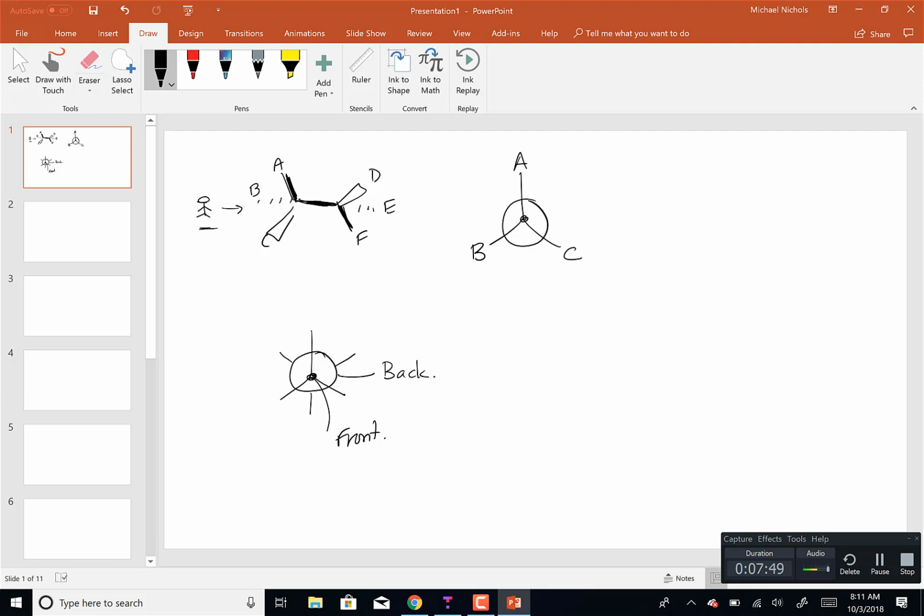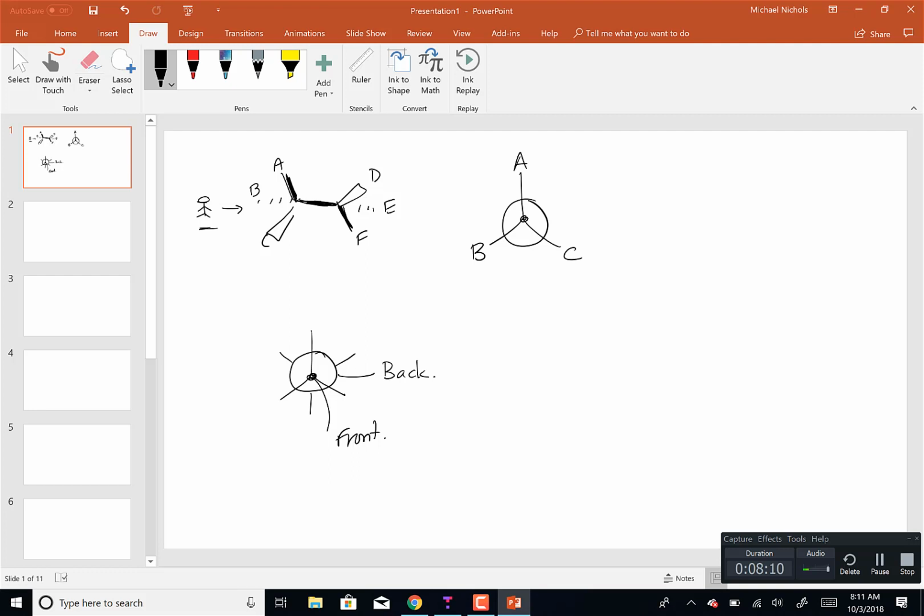Now, to reinforce that, if I come over here to my molecule, and I take this and I rotate it, I was over here to begin with, and now I'm going to rotate that molecule.